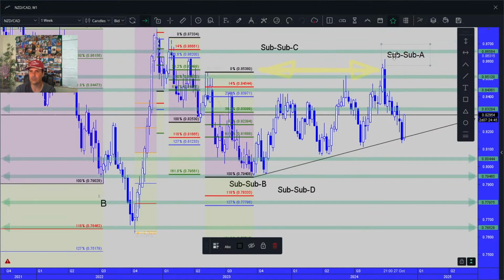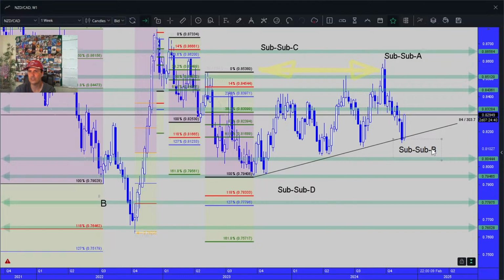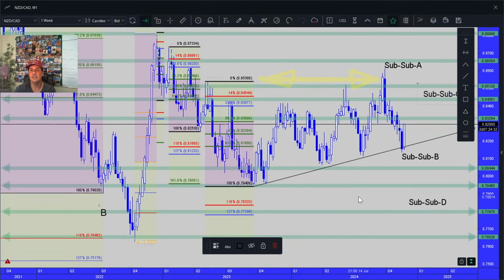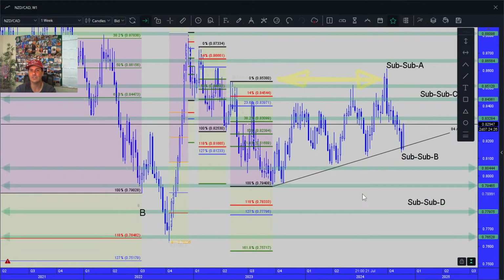This is the sub-sub A, and now we are waiting for the sub-sub B down in here, everybody. We have no confirmation Fibonacci, great example on NZD-CAD weekly chart.